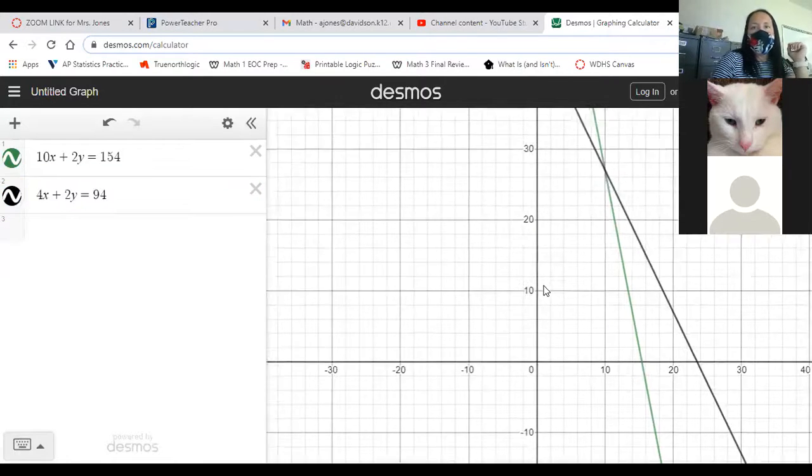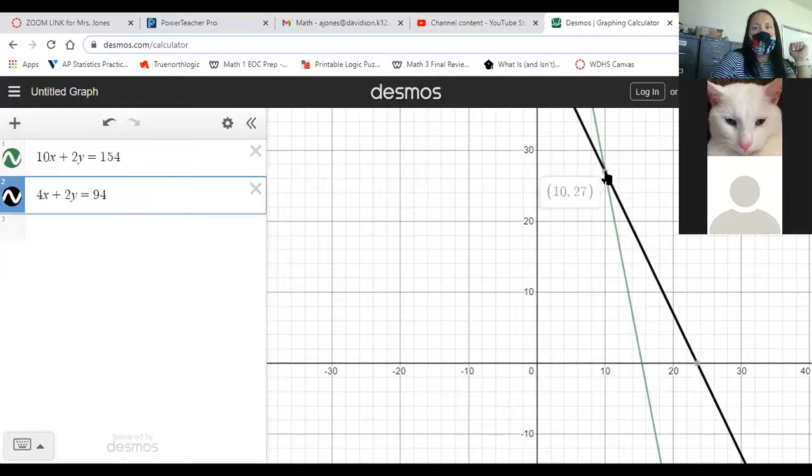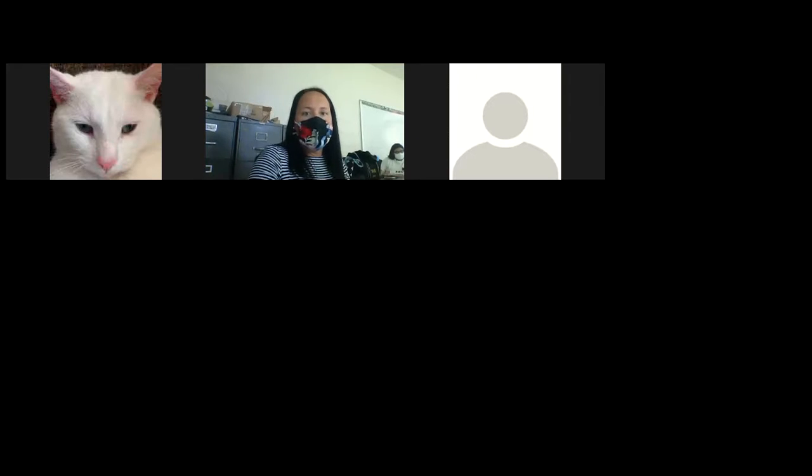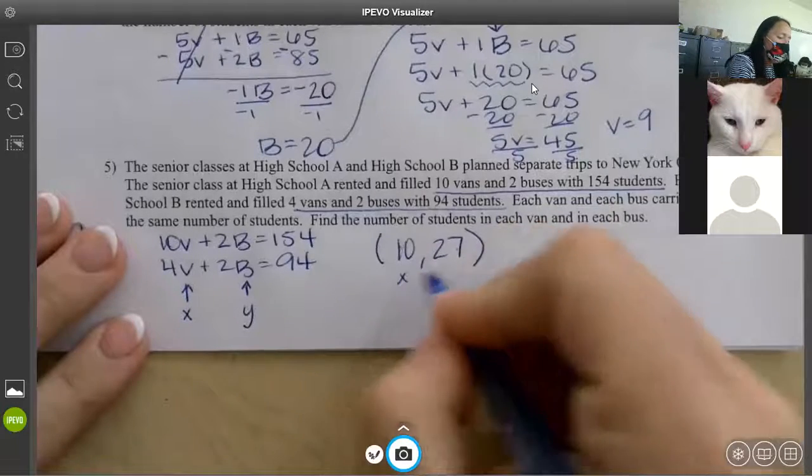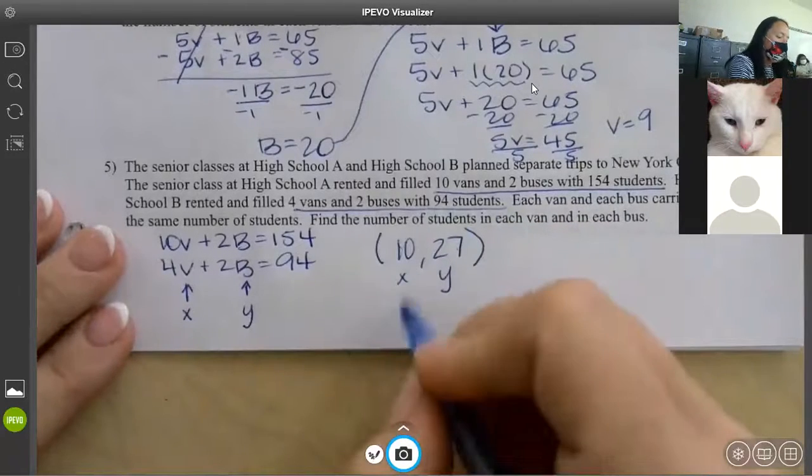I can almost see the cross. It's right here at 10, 27. I'm going to write this down. Okay, so everybody's good with Desmos finding that. I'm going to go back. We got 10, 27 as our coordinate, which is your X, Y, but we used X for vans.